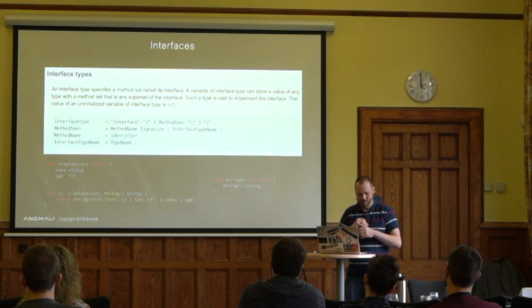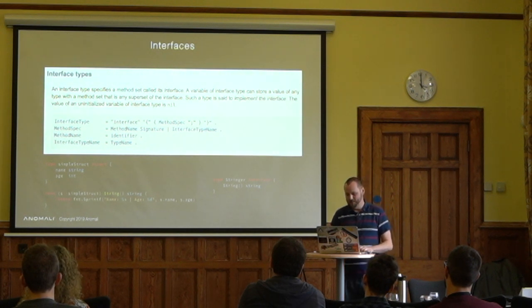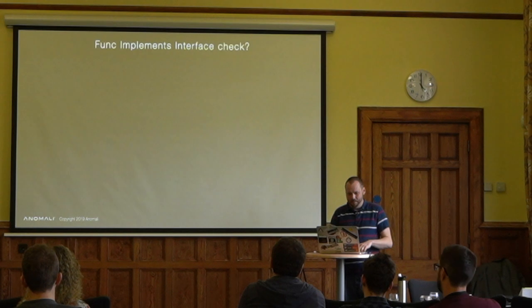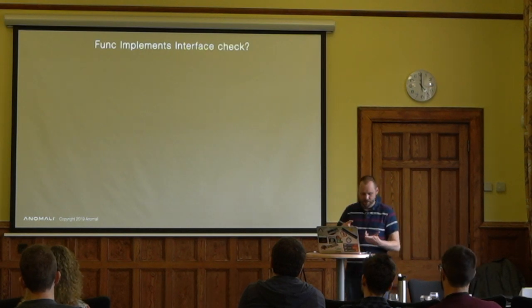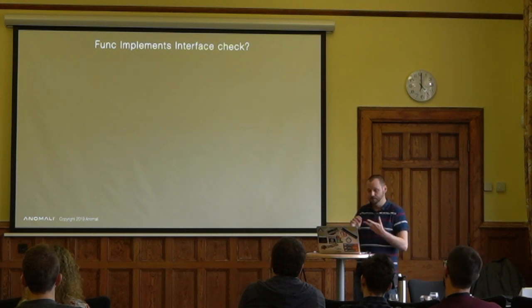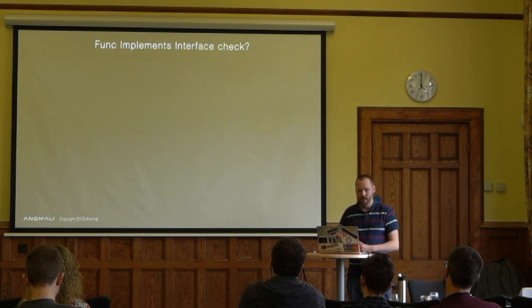So they definitely adhere to duck typing, where if it walks and quacks, it's probably a duck. If it looks like the interface and talks like it, it's probably the interface. So there are those two things that are important for a type to satisfy an interface.